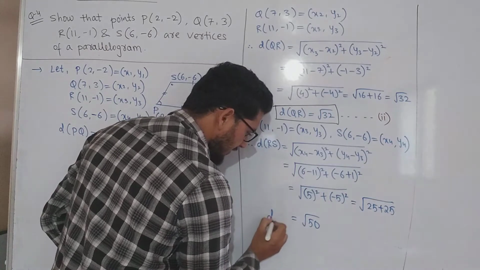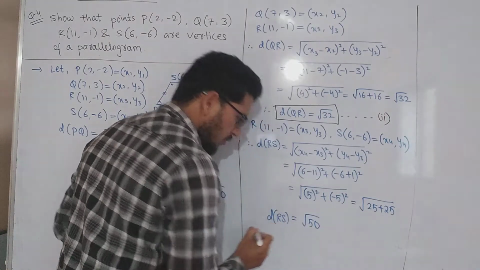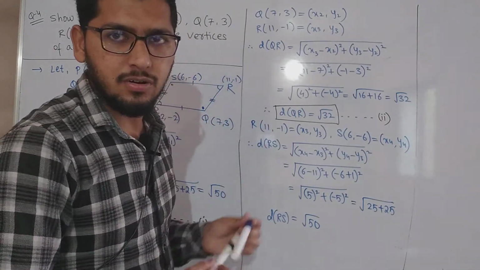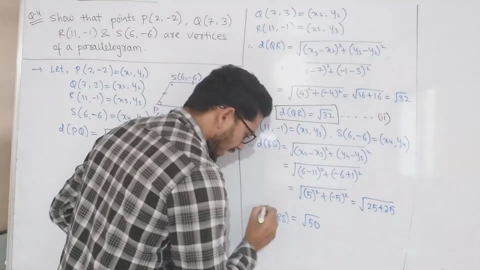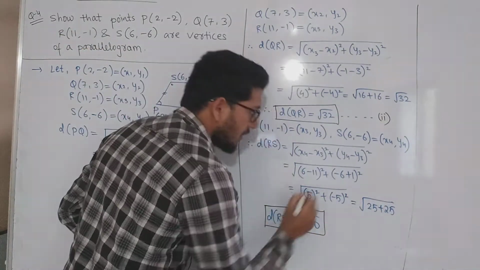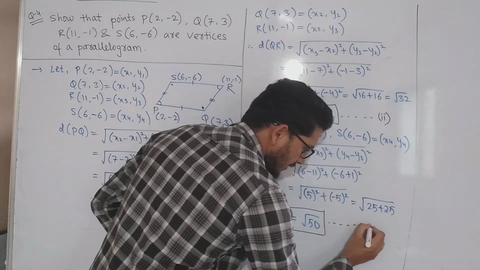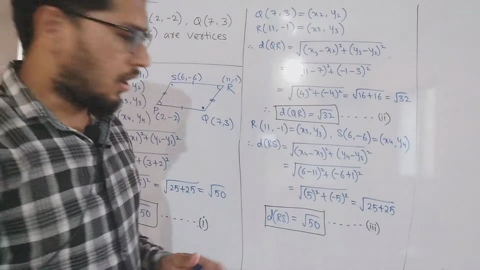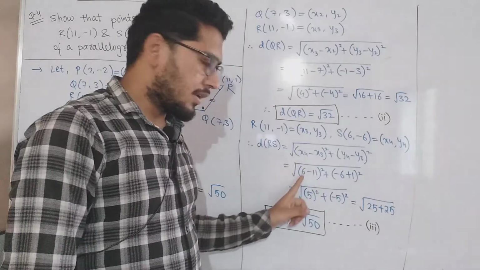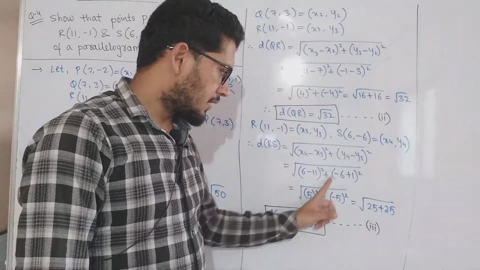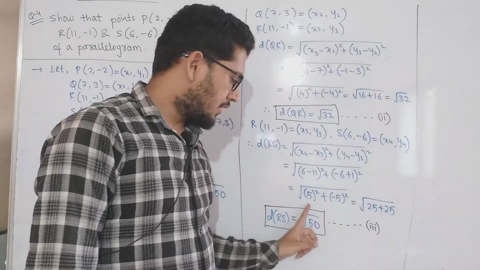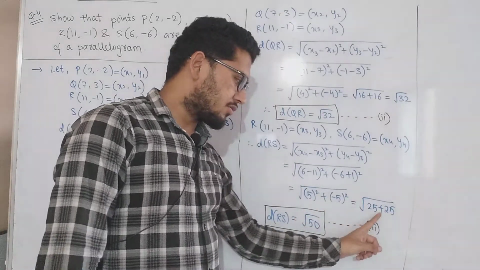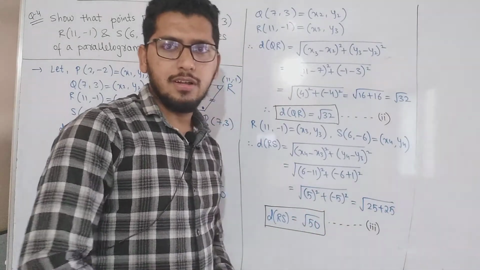So we have got distance of RS root 50 units. Okay, so we will consider this as equation number 3. How we have calculated? x4 minus x3 is 6 minus 11, that is -5 square, -6 plus 1 again -5 square. 5 square is 25, -5 square is 25. Root of 25 plus 25 is root 50.